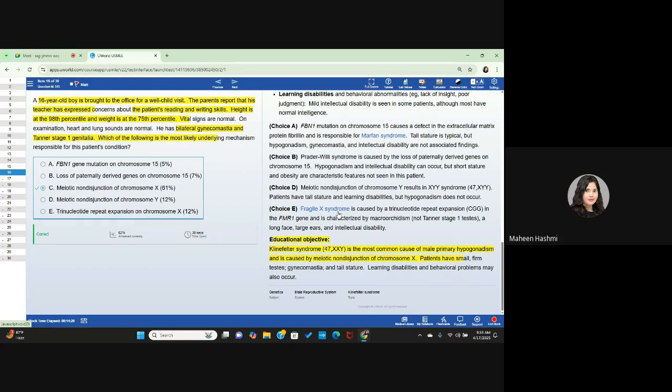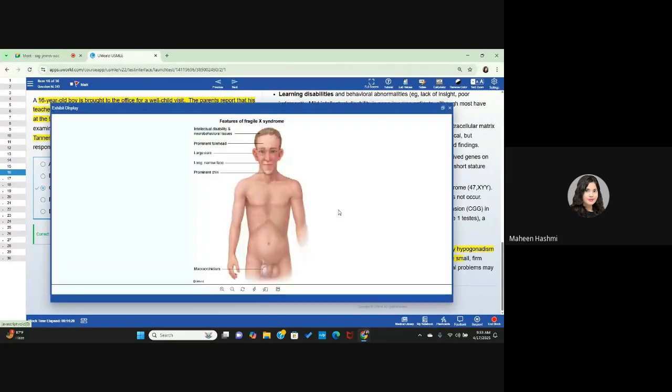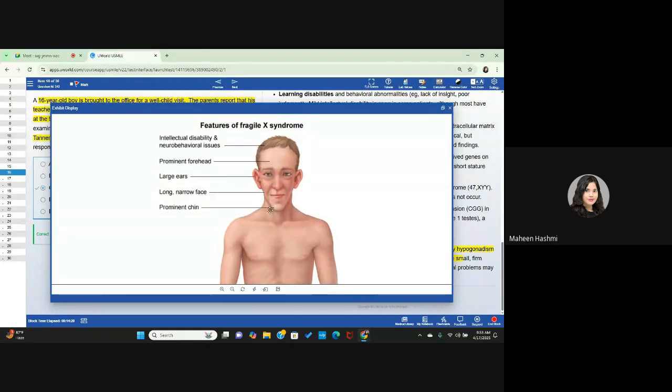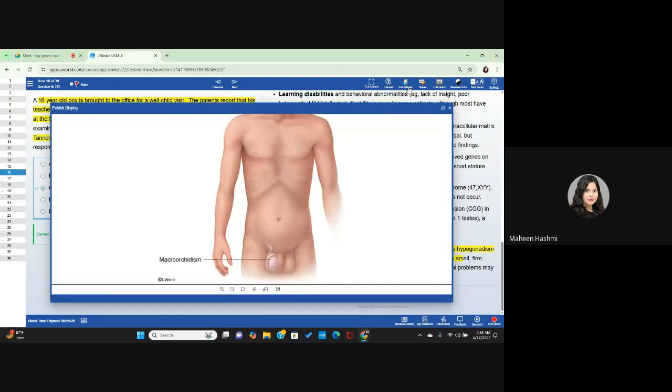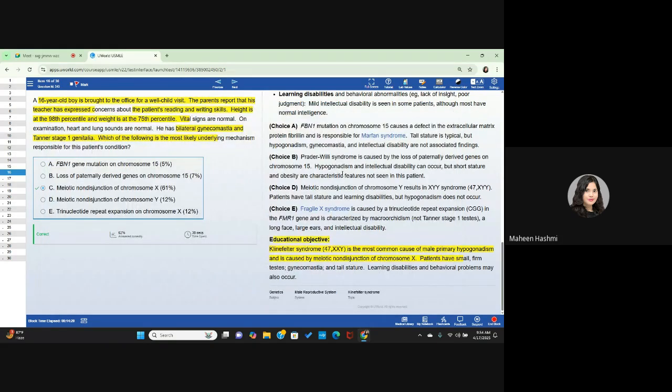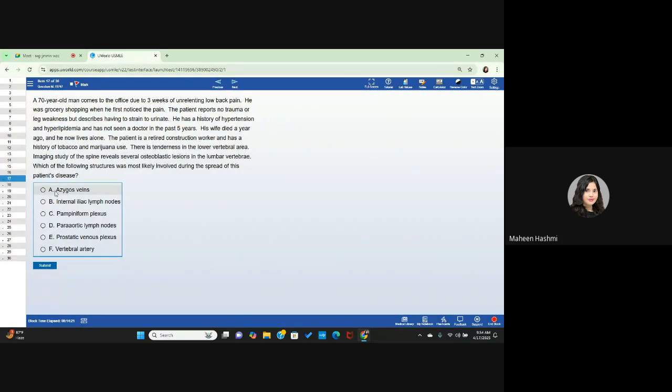So in Fragile X syndrome, they have large ears, intellectual disability, a prominent chin, and a long narrow face. If you memorize this picture, it's really easy to understand. There's also macro-orchidism, and they have one testis that's bigger than the other. Okay, then we go on to the next question.